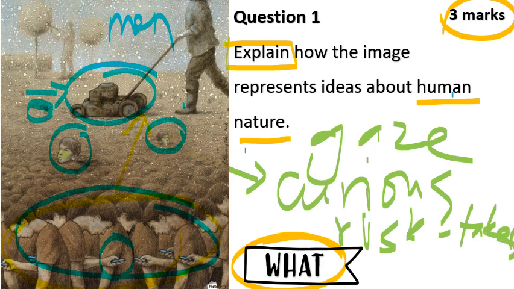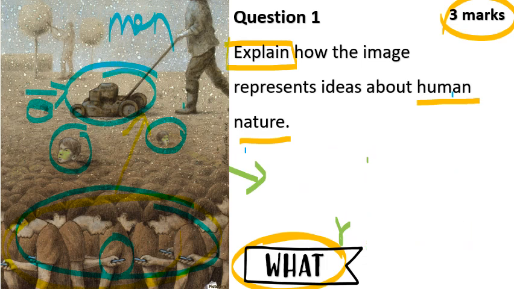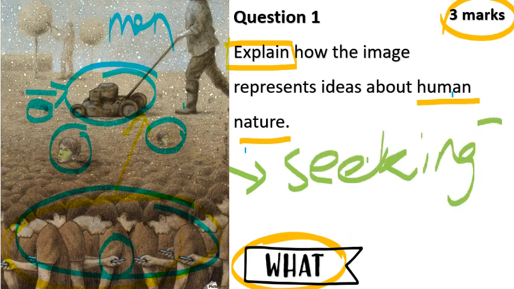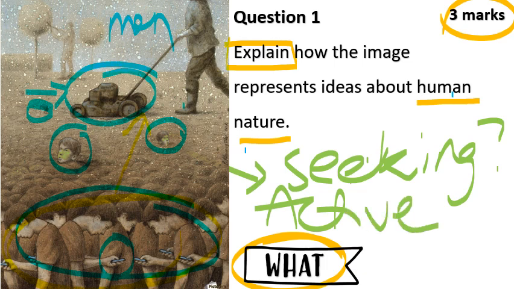Don't want to get all MYP learner profile on you, but maybe they are seeking something. So with their gaze, are they seeking? And what happens to those people who are active and who look out and desire something more?